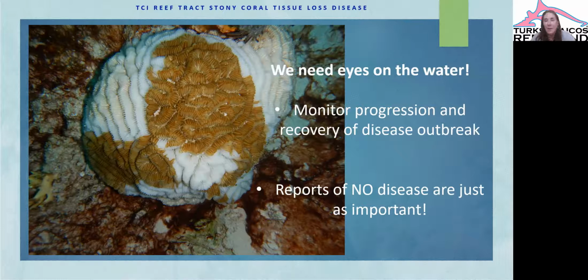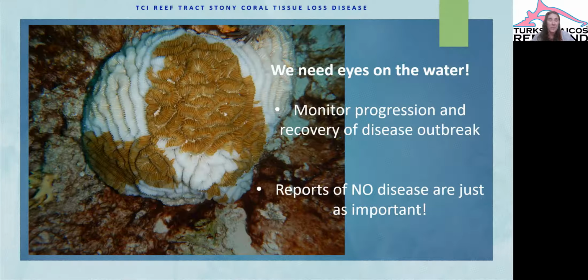Also, I would like to point out that it's very important to not only monitor areas and report presence or progression of disease, but also perhaps any recovery, and especially reports of no disease are just as important.